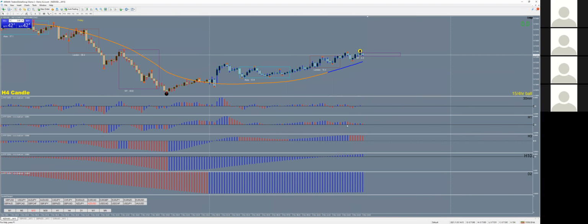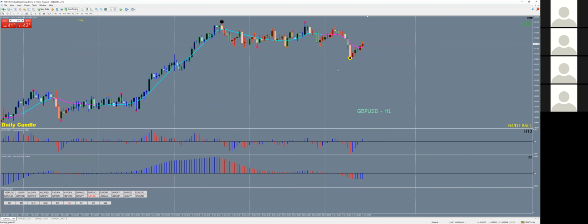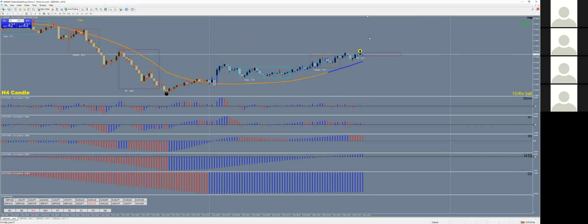The 1 hour is mixed. So any high of the session setup would take us short to fulfill a 1 ball retracement. But everything is still bullish, so it may just continue to take this ball out and make it go higher.